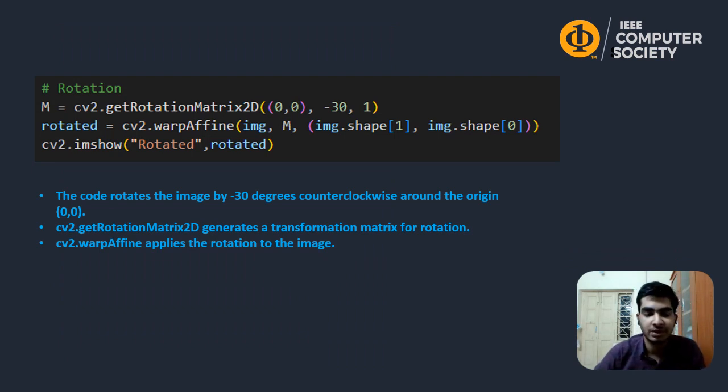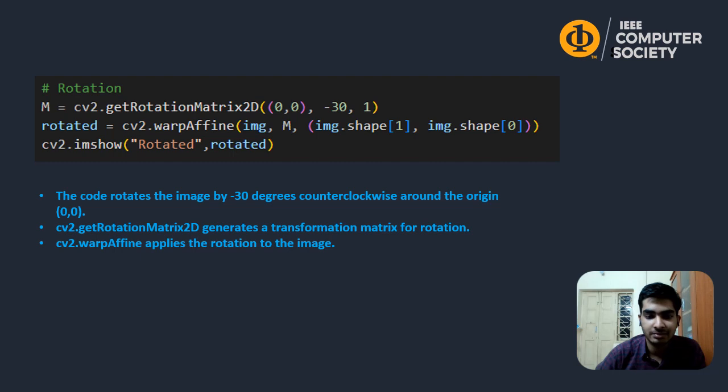Now we will see something related to rotation. If we use the inbuilt function get rotation matrix 2D, and we are giving here parameters as minus 30, the code rotates the images by minus 30 degrees counterclockwise around the origin 0, 0.